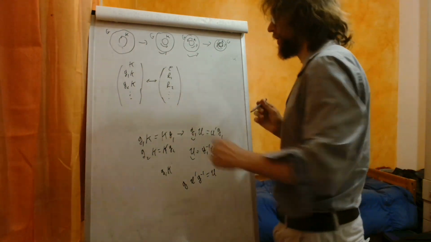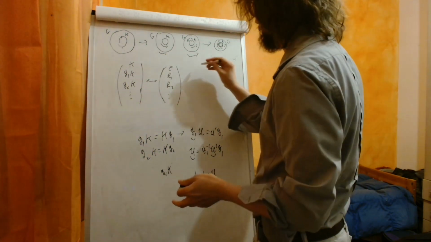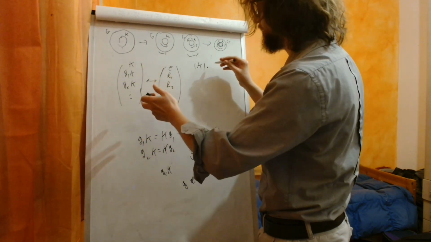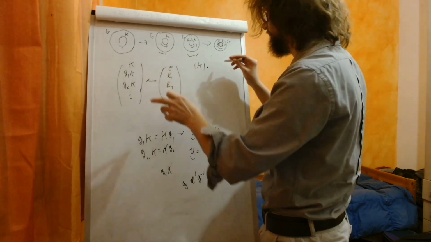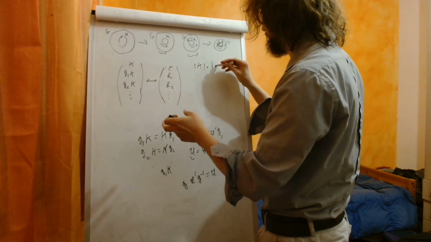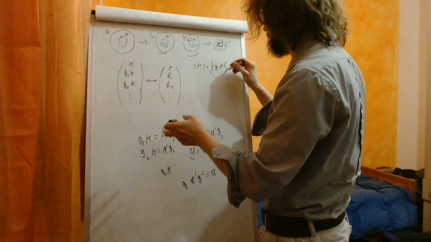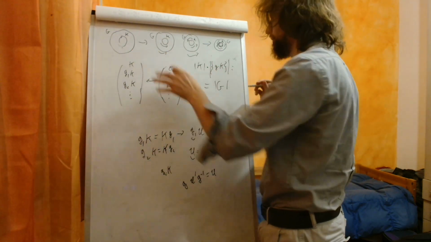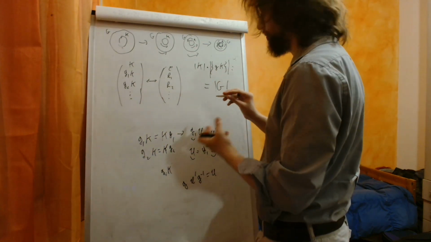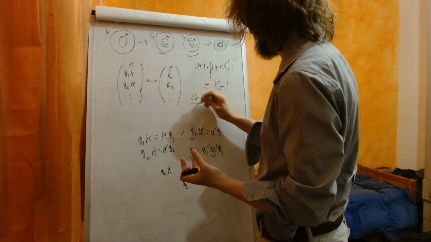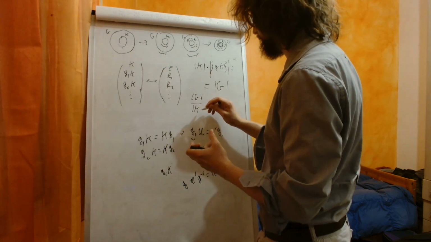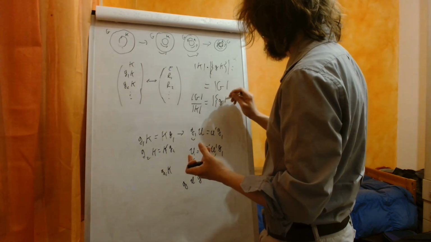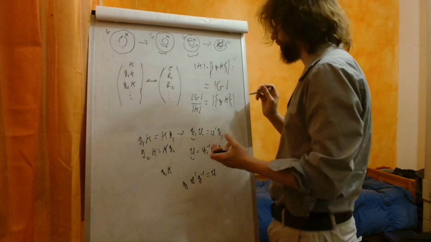Of course, since they all have the size of the kernel, we have that the size of the kernel times the number, so the size of the set of cosets, is equal to the order of the group G, or also the order of the group G divided by the order of the kernel is equal to the order of the set of cosets.